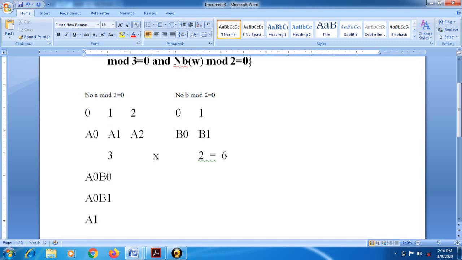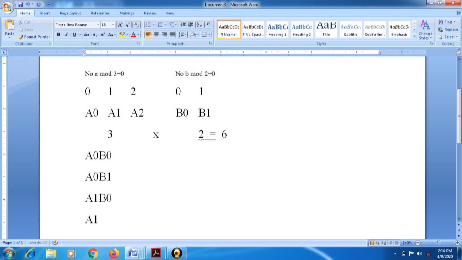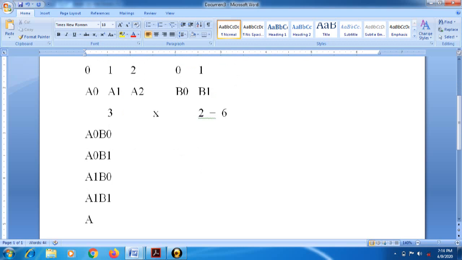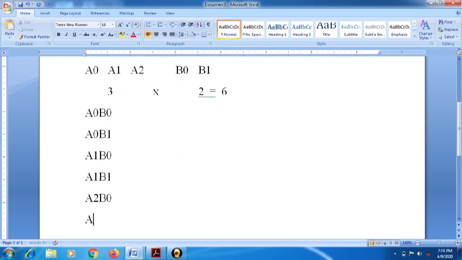After that A1 B0, A1 B1. Then A2 B0, A2 B1. So these are the 6 possible states for our expression, that is for the given language.